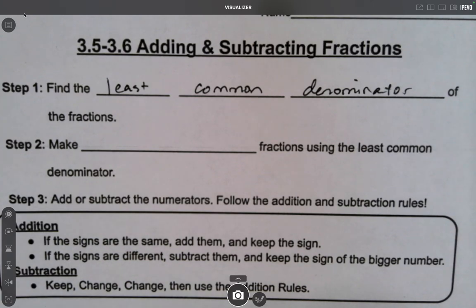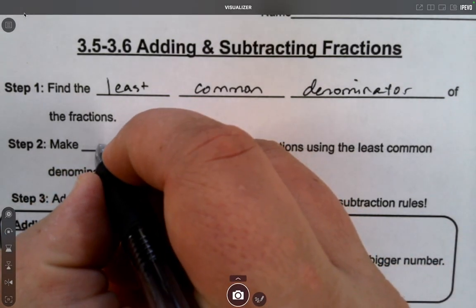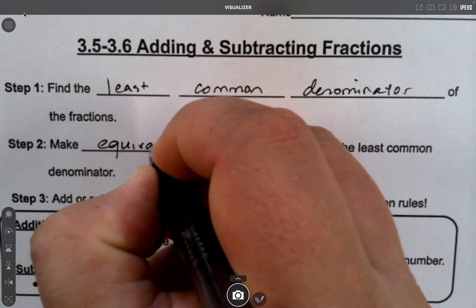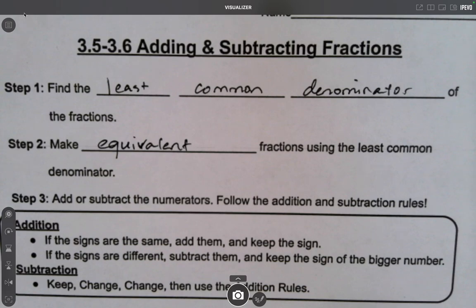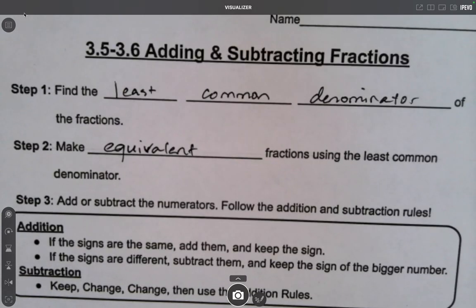And then make equivalent fractions by multiplying whatever is needed to make those two denominators equal. There will be some in this lesson where the denominators are equal to begin with, in which case you can skip these two steps. But there will also be some where you have to change the denominators. So always be on the lookout for that.